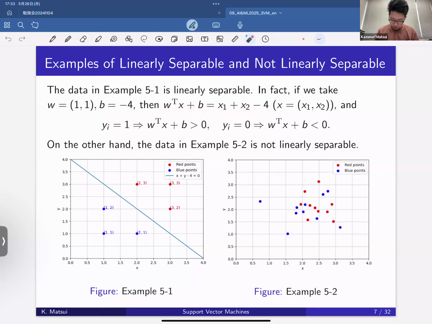Specifically, for example, (3, 2) is classified as label 1. When we substitute 3, 2, we get 3 plus 2 minus 4, which is 1, greater than 0. So when the label is 1, that is classified as red.